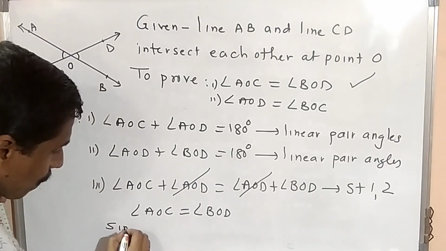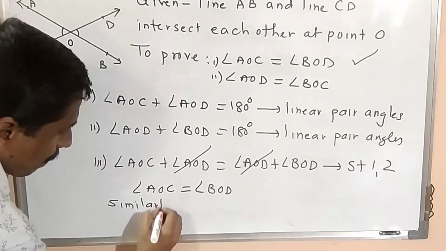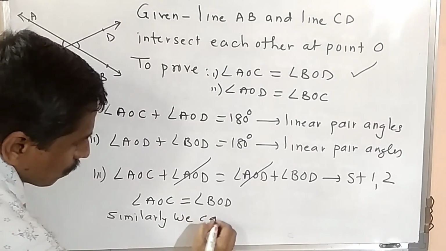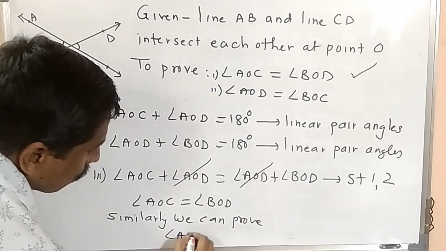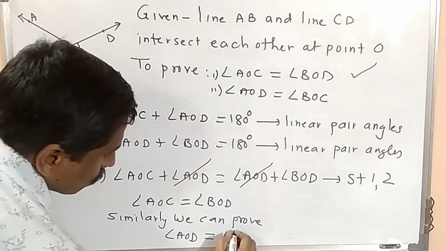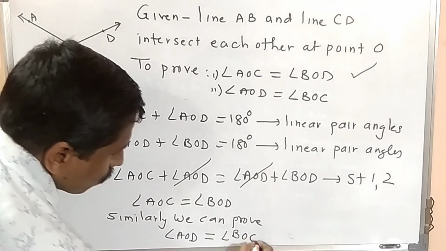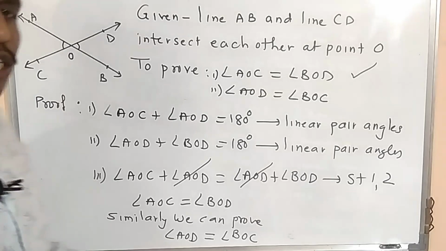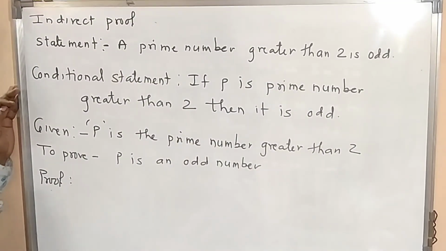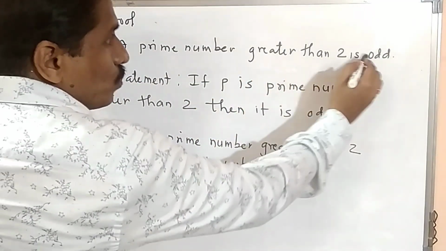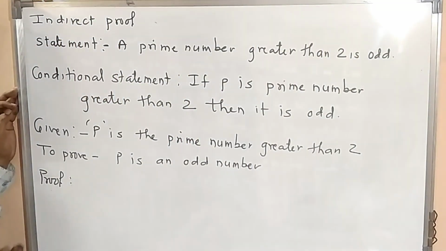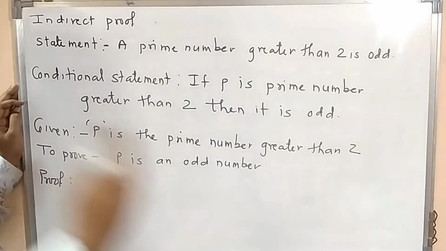Similarly, we can prove angle AOD is equal to angle BOC. Hence proved. An example of indirect proof. Statement: a prime number greater than 2 is odd. First I will write this in conditional form, that is if-then form.